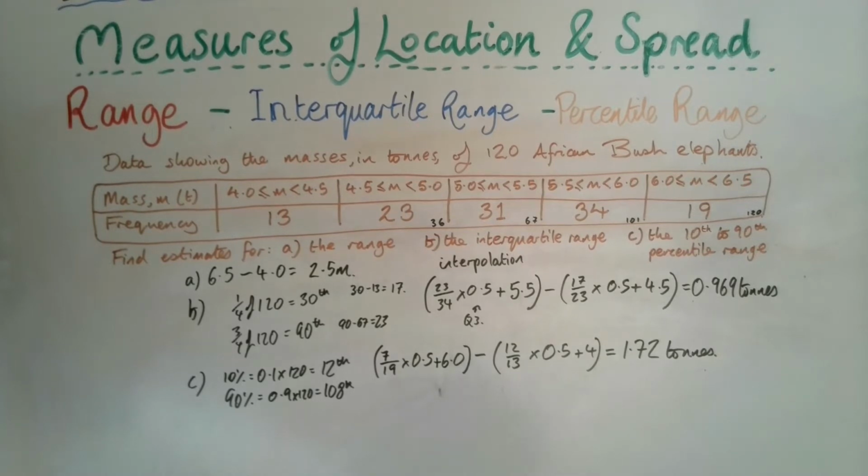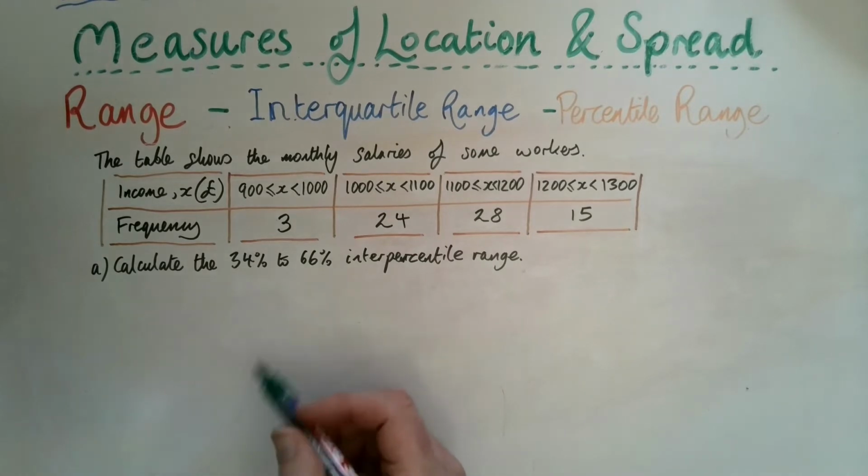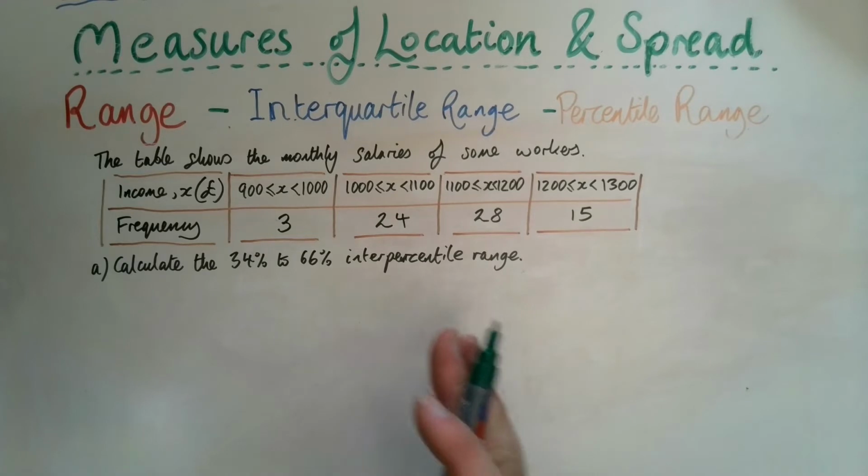We're going to work through 3 more now, I think, and see how we get on with that. Okay, pause the video, give it a go before you watch me go through it. So we're looking for 34% to 66% range. So we're going to take the biggest from the smallest.